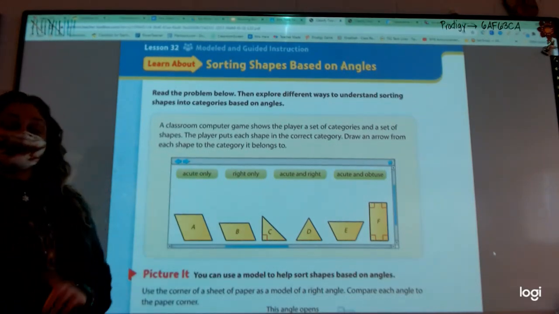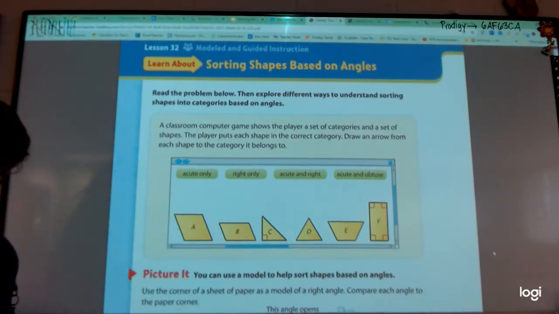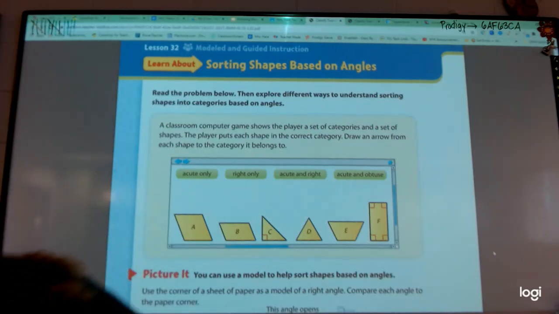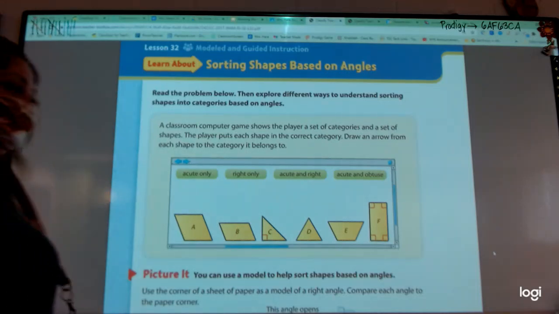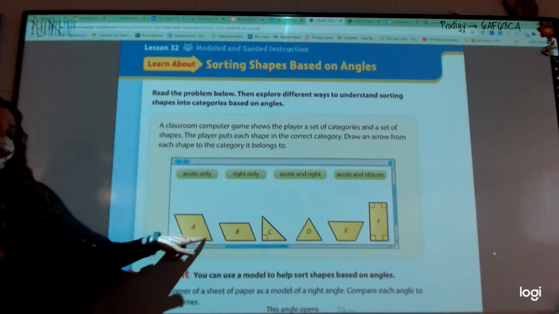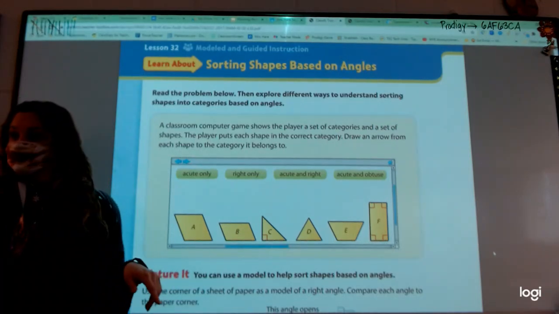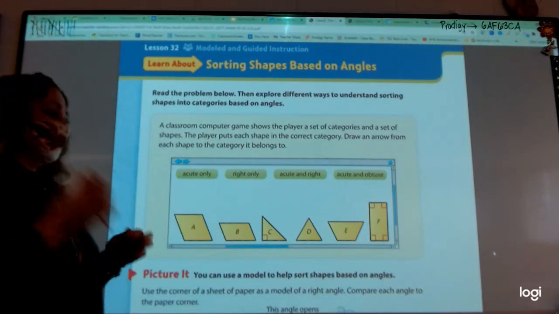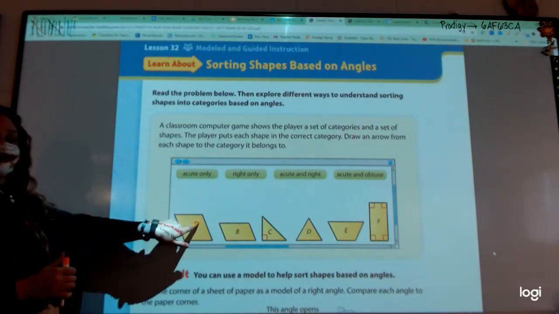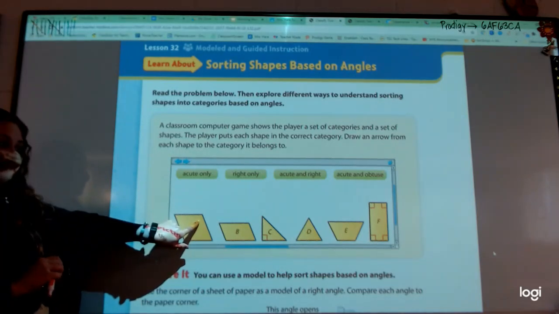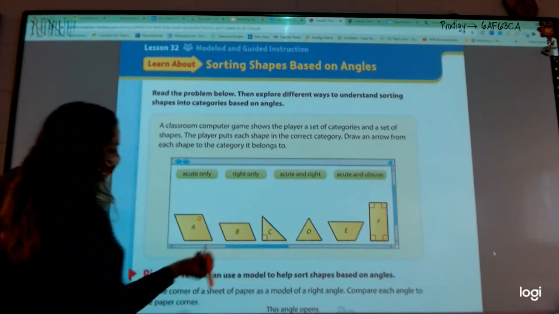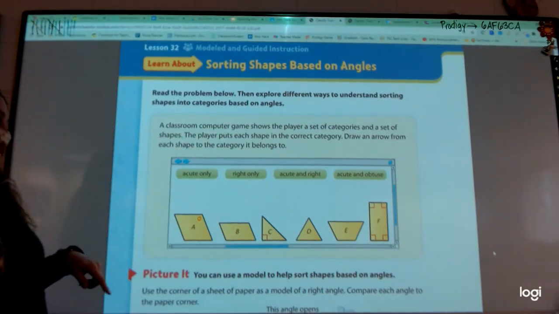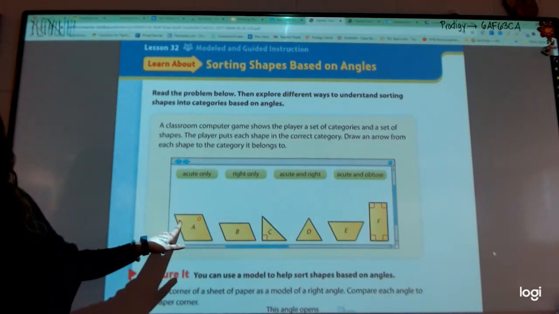Okay, so first thing we're going to do, we're going to check our angles, right? So let's label our angles. You could either get your piece of paper out and check every corner, or you can just look and write your letters. So let's look. This top corner of shape A, someone tell me, is that acute, obtuse, or right? Hayden? Obtuse. I'd put an O in there. Make sure you're writing with me. What about this top left corner?